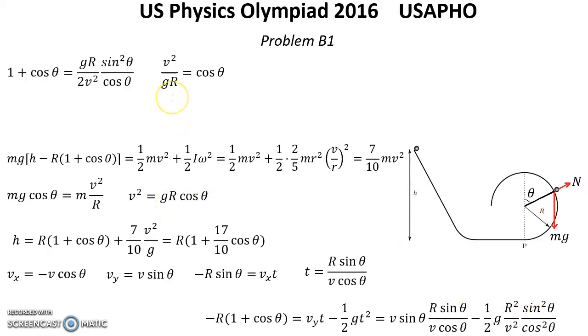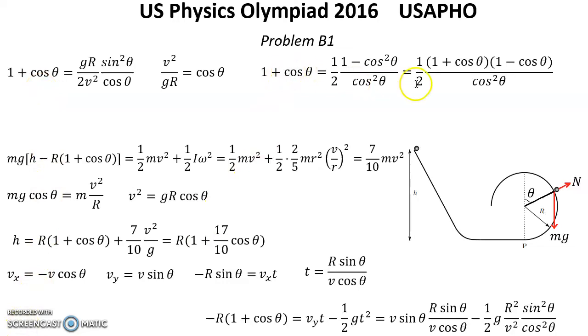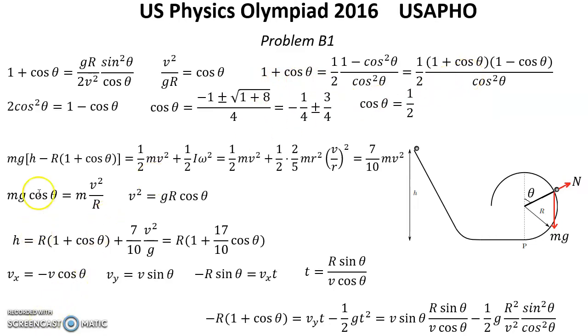We have v square over gr equal to cosine theta, and we can put it in this equation, and we have this expression for cosine theta. Now we can simplify it because we can cancel 1 plus cosine theta from both sides, and we have a quadratic equation. 2 cosine square theta equals 1 minus cosine theta, and it has two roots, one negative and one positive. Of course we are interested in the positive. Cosine theta equals 1/2.